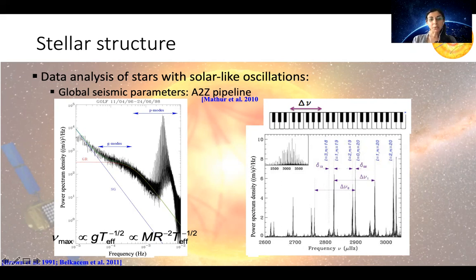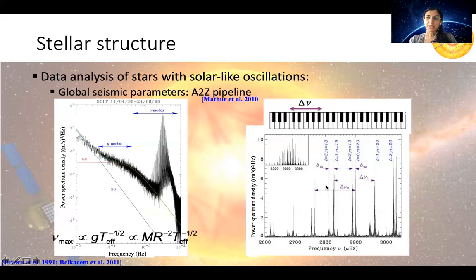And one easy quantity that we can measure just by looking at this is the frequency of maximum power, nu max, which is related to the surface gravity of the star. Then if you zoom on to the modes, on the right here, you can see that there's this repeated pattern where you have the l equals 3, 1, 2, 0, 3, 1, 2, 0.